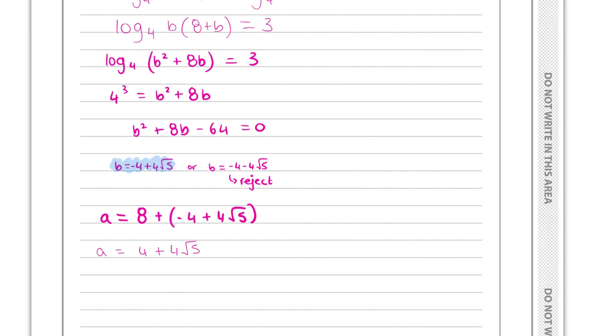But also, and this is something we need to keep aware of, what happens if I substitute the second b into it? What do I get?